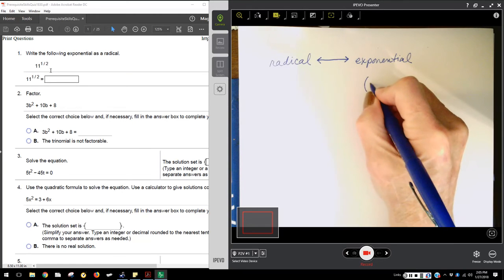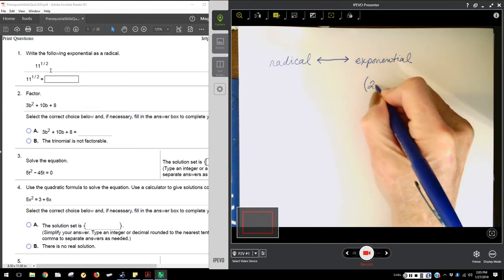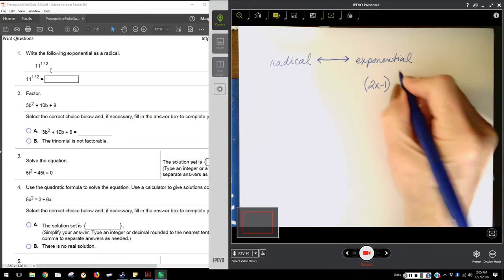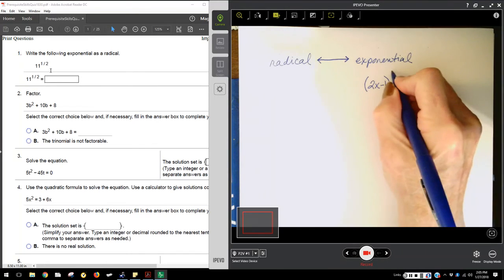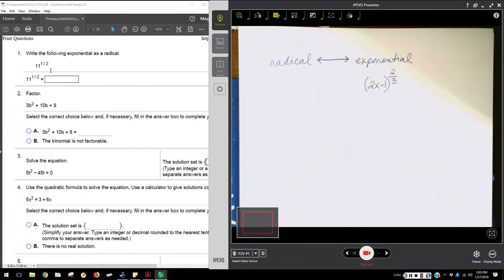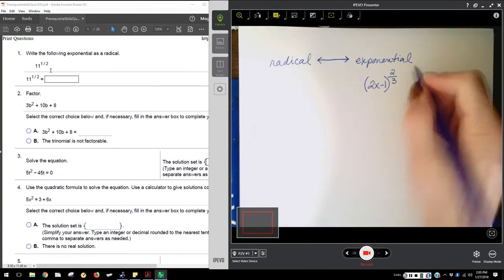So we're going to start out with the expression 2x minus 1, close the parentheses, and we're going to raise that to the power 2/3. And what I want you to notice about this expression is that the power is a fraction.